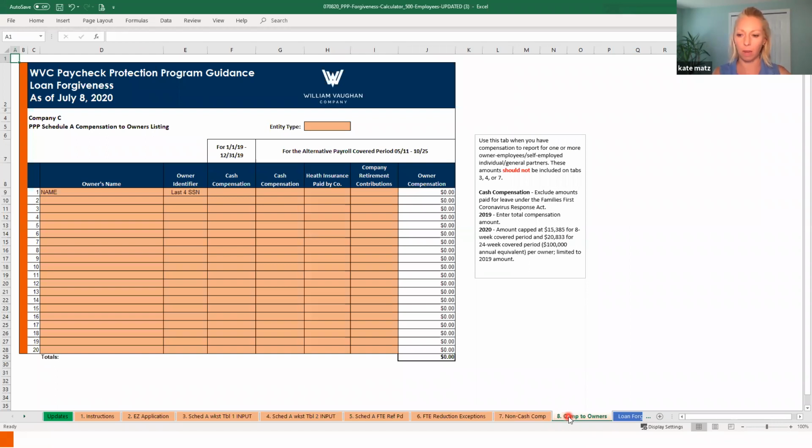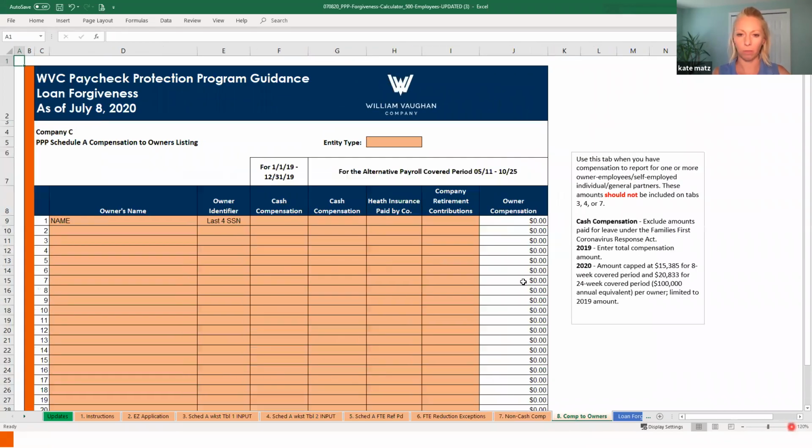Moving on to tab 8 then is where we finally get to the owners. So owners have not been included in any of the information that we've done up to this point. Basically, the way that the CARES Act was written, it's really all about how do we give businesses money to keep employees employed. And there is a distinction between, are you an owner employee or an employee employee?